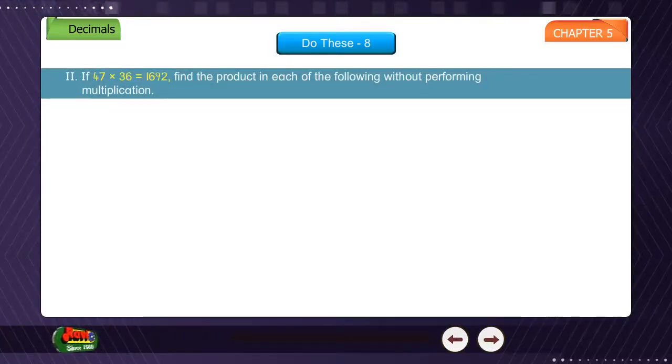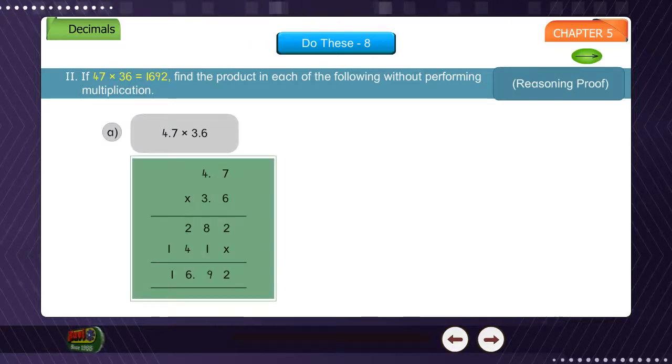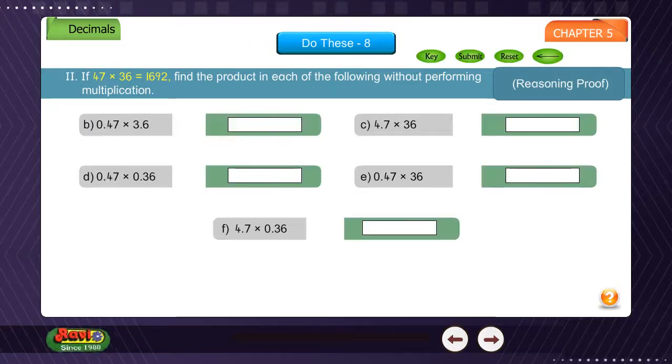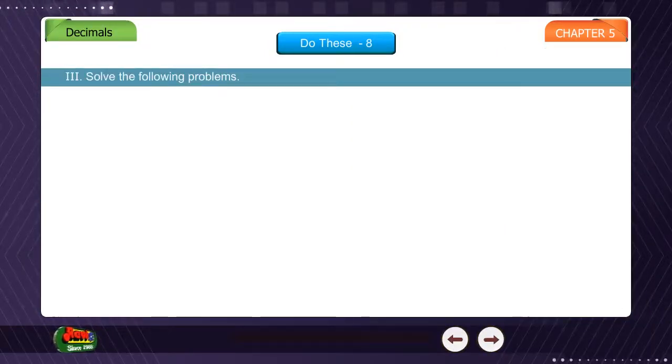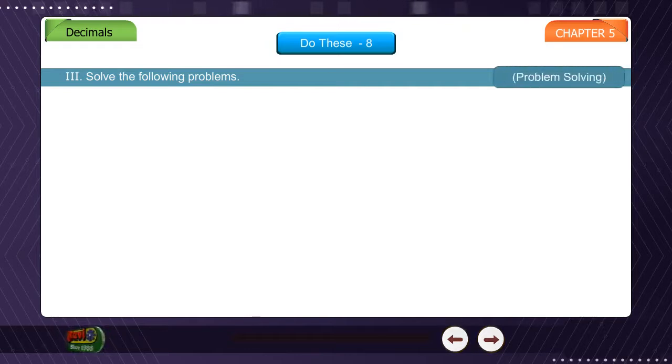If 47 into 36 is equal to 1692, find the product in each of the following without performing multiplication. Reasoning proof. 3. Solve the following problems. Problem solving.